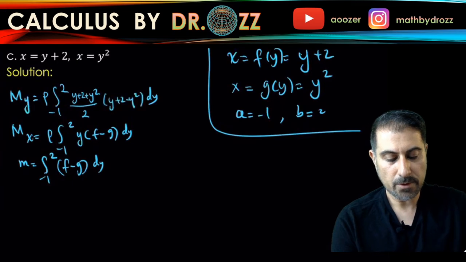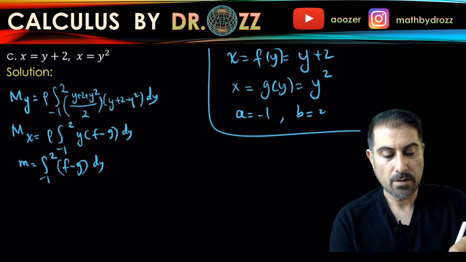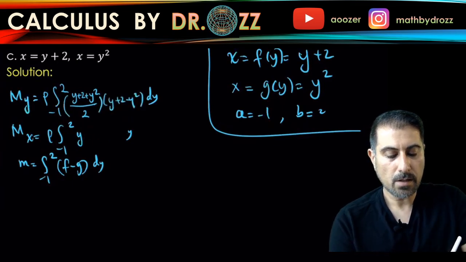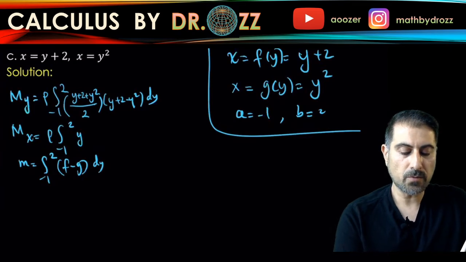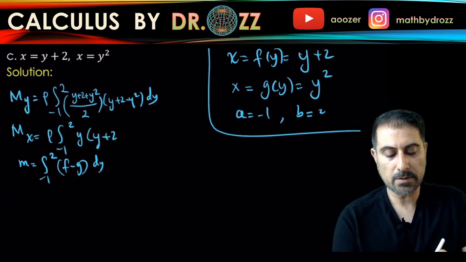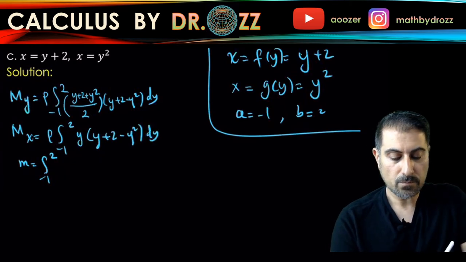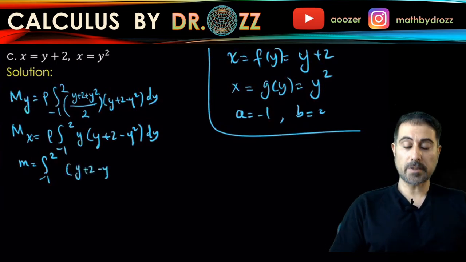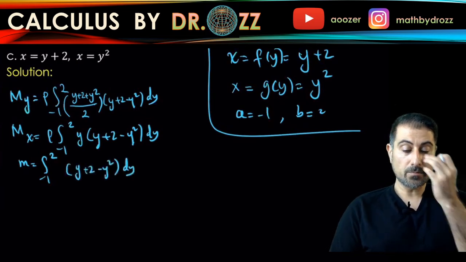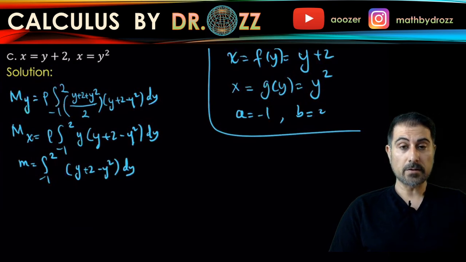And same here, right, f minus g, right? y plus 2 minus y squared dy, and same as in little m, right? So we're going to calculate these integrals, okay?